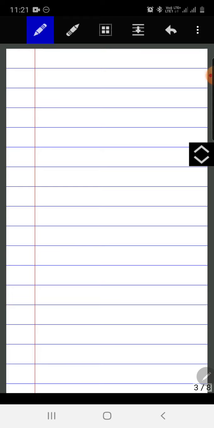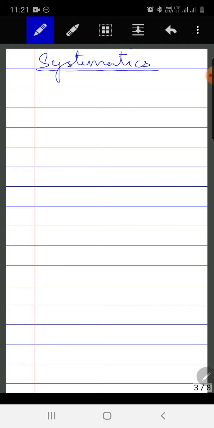And we discussed that systematics deals with formation of systems. So if I try to differentiate systematics from taxonomy, I say systematics includes taxonomy.